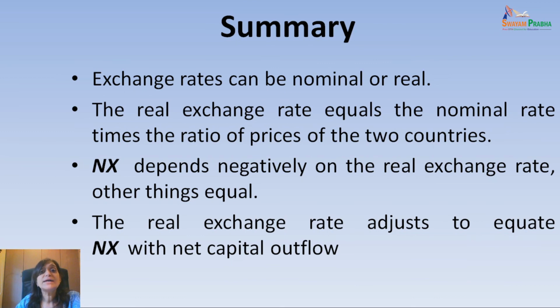So, both the factor product market and the financial market are closely related to each other. So, remember this equation and try to use it whenever you hear something about the rate of exchange or exports and imports by way of trade balance.